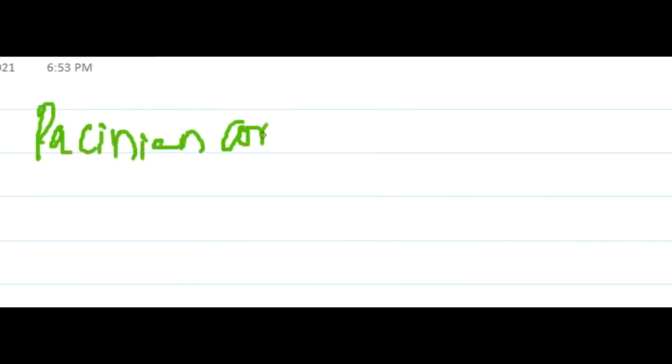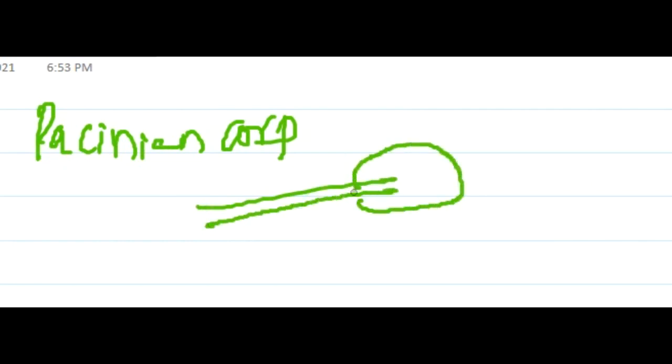Then we have the last one, which is the Pacinian corpuscle. This Pacinian corpuscle has unmyelinated dendritic endings. So this is a dendrite and it is not myelinated.